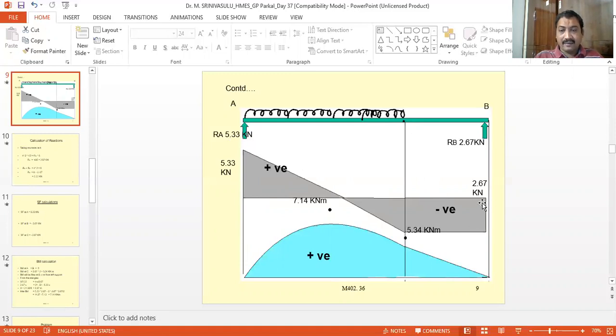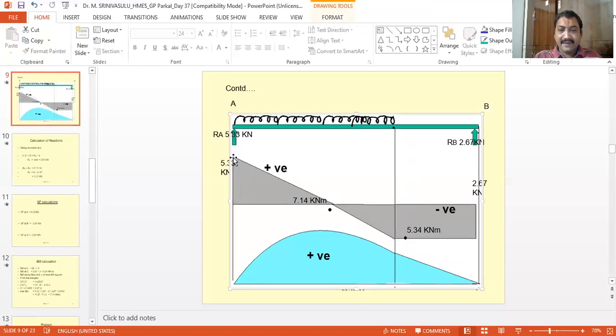Here there is no UDL, so we can draw horizontal lines, up to here it is a horizontal line. But from this point the UDL is starting. Under the UDL it is always an inclined line. So this is minus 2.67, and this is 5.33.